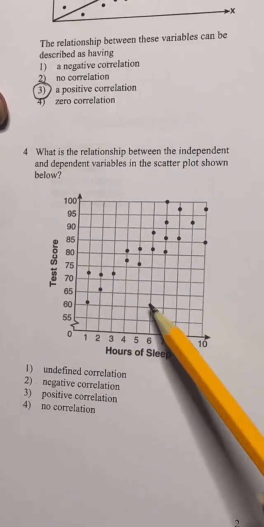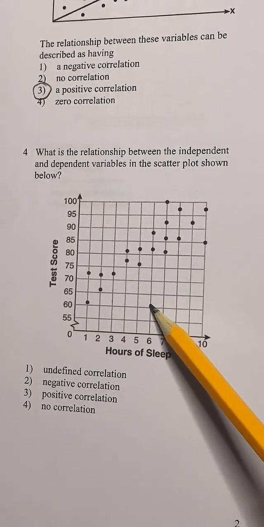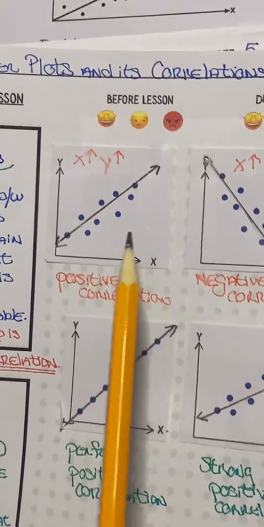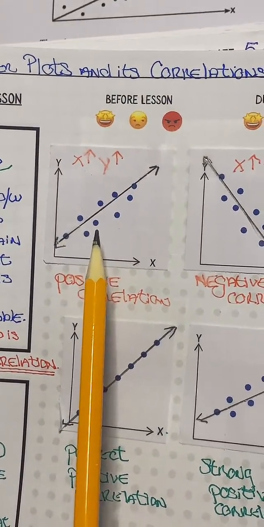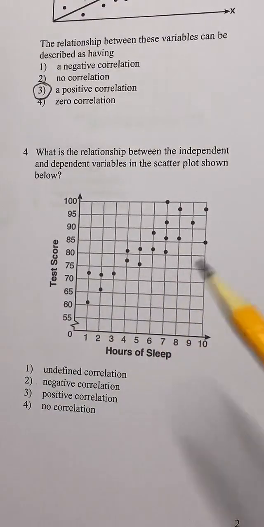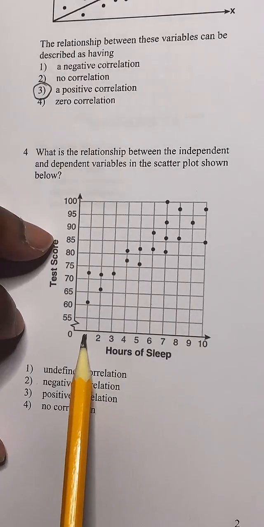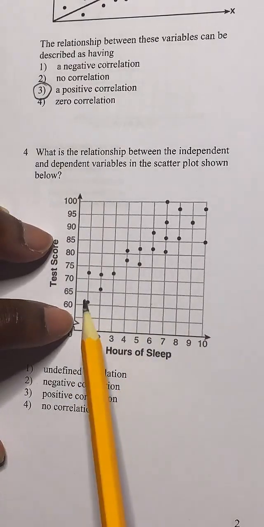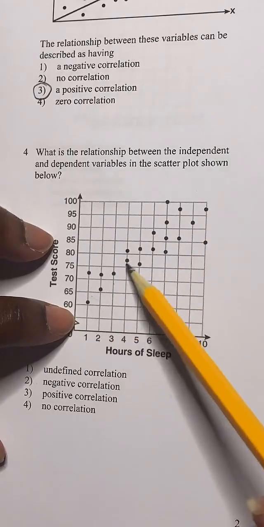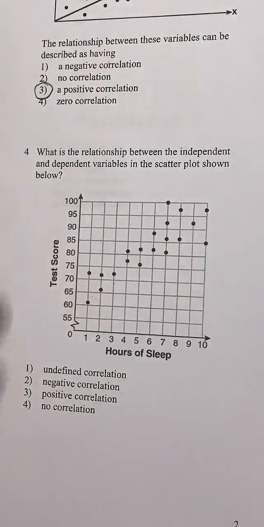Just because, remember what we did earlier, just because they're not perfect doesn't mean it's not a correlation. We can still kind of see a correlation. As my number of hours are increasing, I'm starting to see a trend increasing as well.